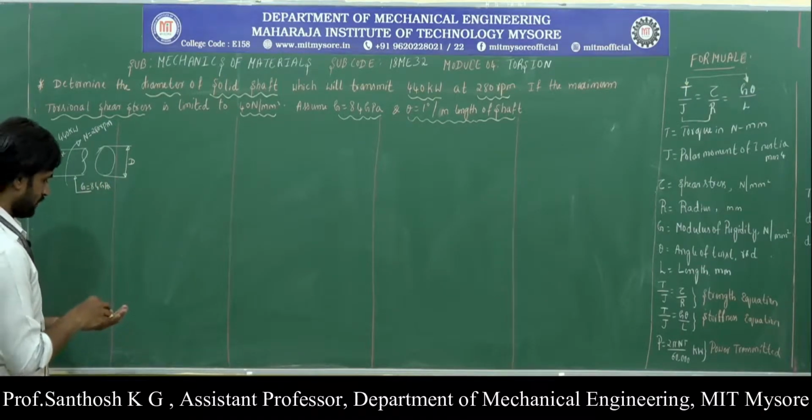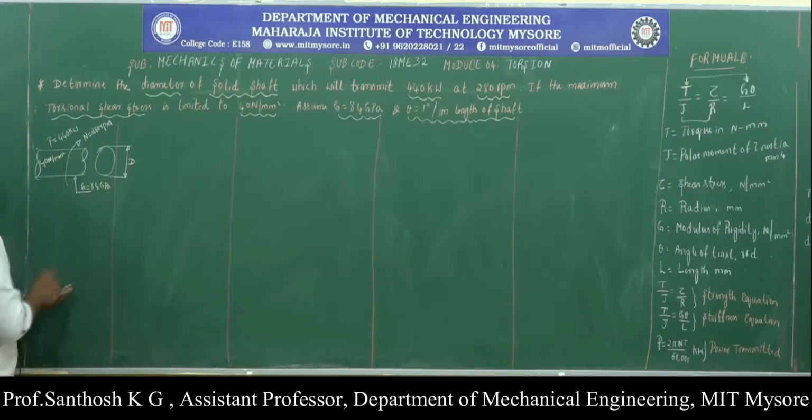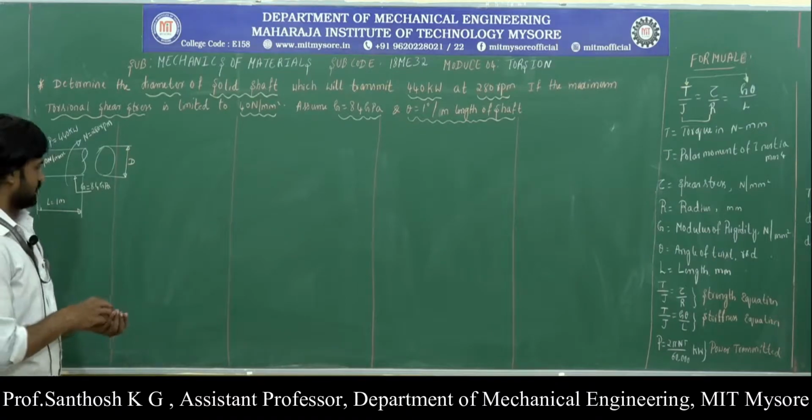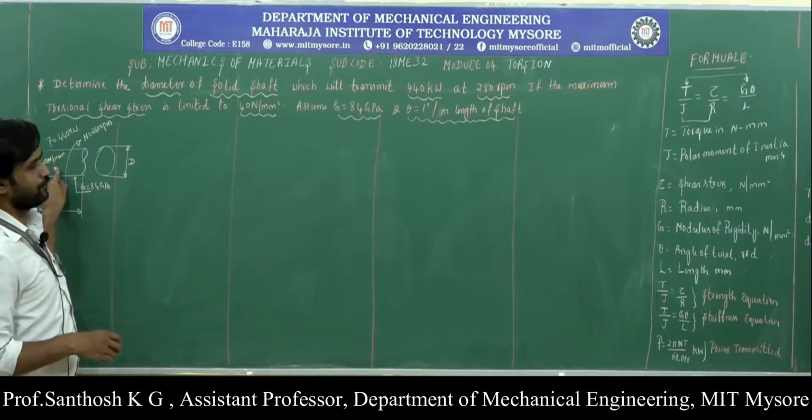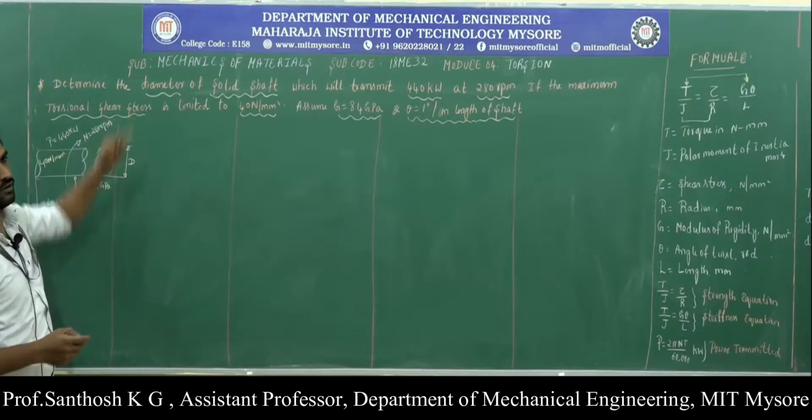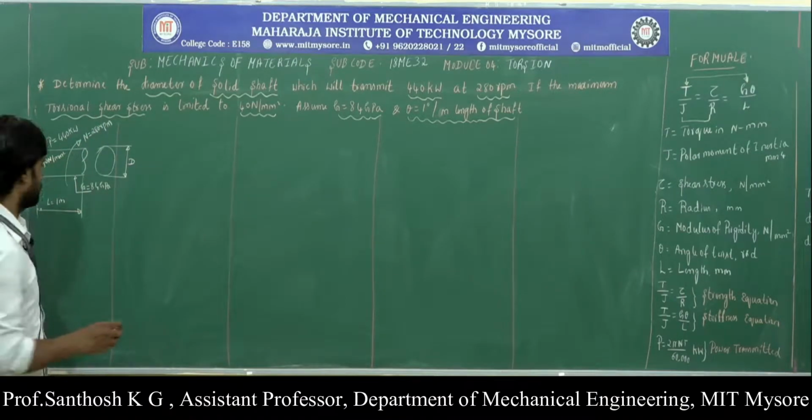Then they have given that the amount of twist this shaft can experience is 1 degree for the length, so the length of the shaft is 1 meter. This is the diagram of the shaft for the given problem statement.